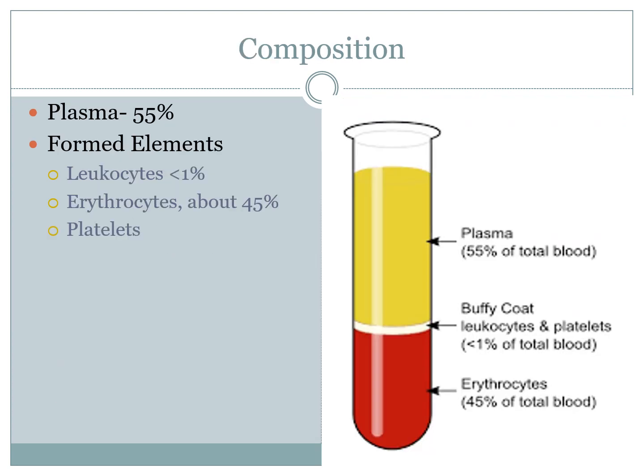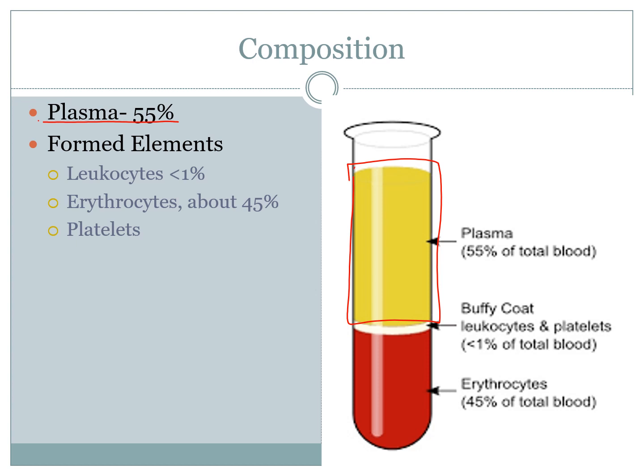When we look at the blood and break it down to its absolute composition, most of the blood is made up of plasma. They say about 55% of the total blood volume is plasma. Obviously this varies depending on someone's hydration status, but generally speaking it's around that.